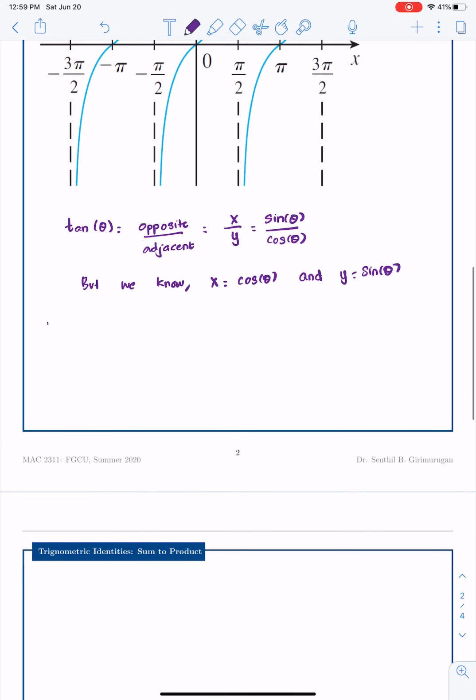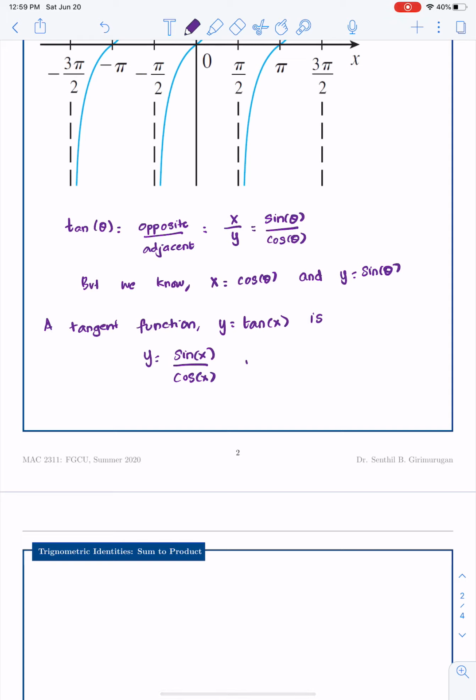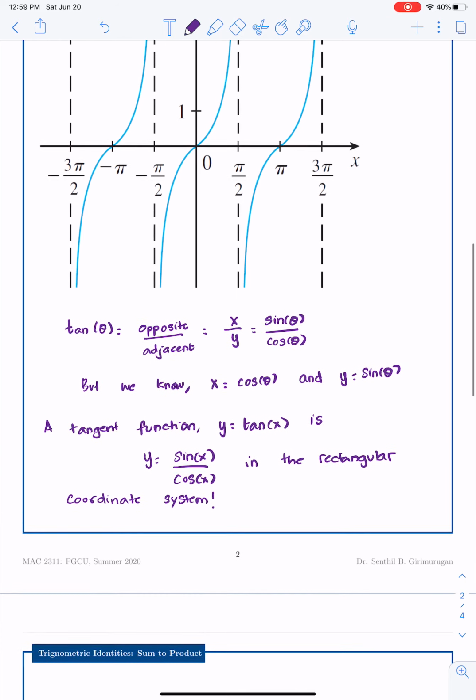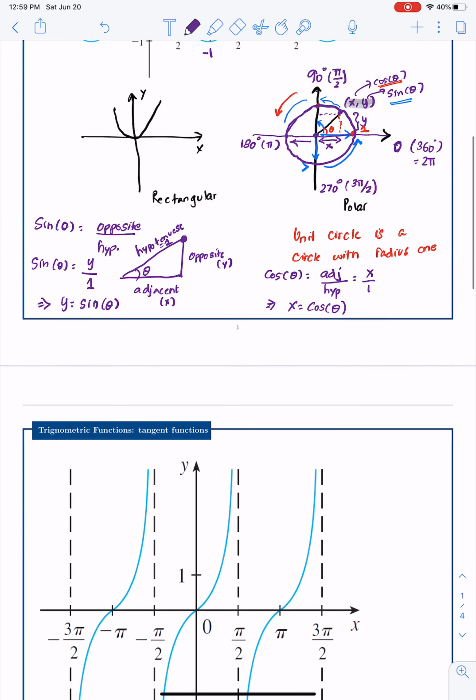So a tangent function is simply sine x divided by cosine x in the rectangular coordinate system.